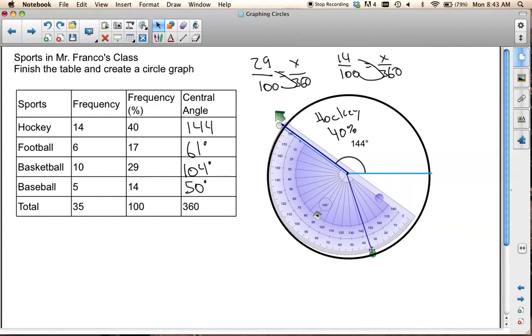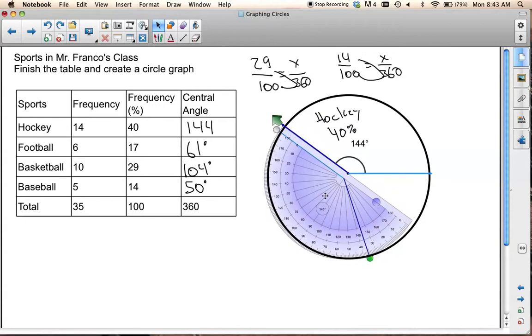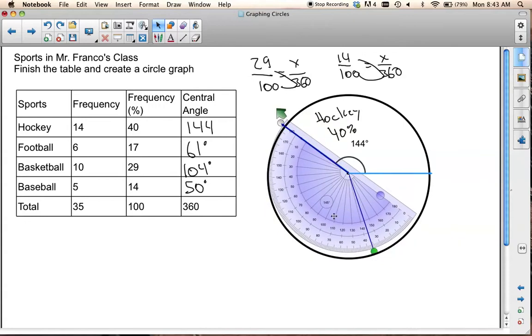So I take my dot, got to make sure this is lined up. Get this to 61 degrees.